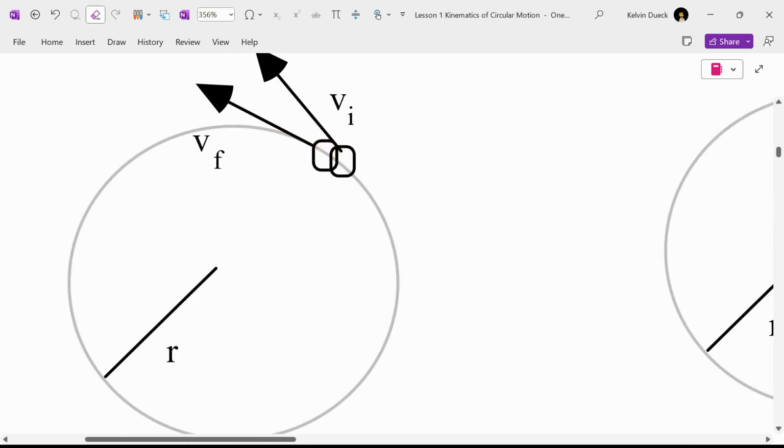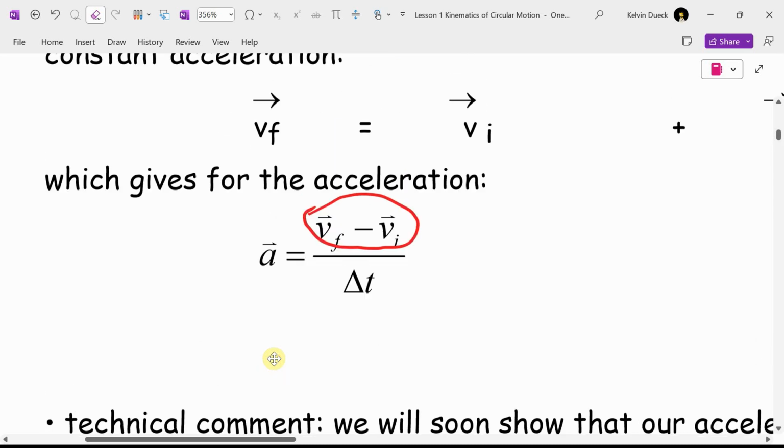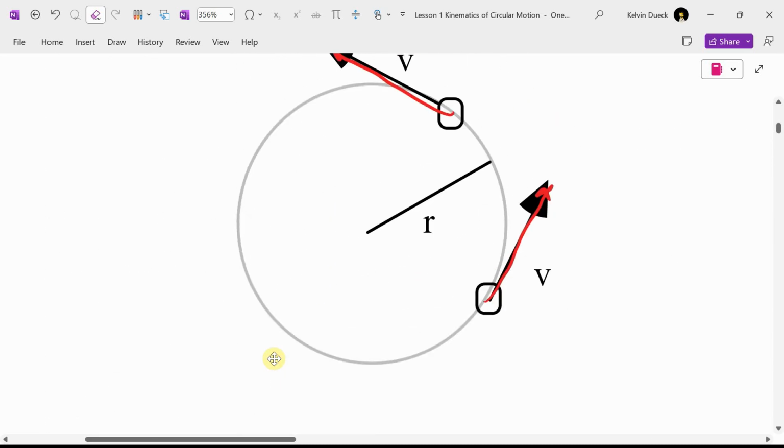Here's the final velocity. By the way, when you're moving in a circle, we say that you are traveling at right angles to the radius. Your velocity is always going to be perpendicular to the radius. The fancy phrase for that, calculus students, is tangent to the circle. You're going at right angles to the radius.